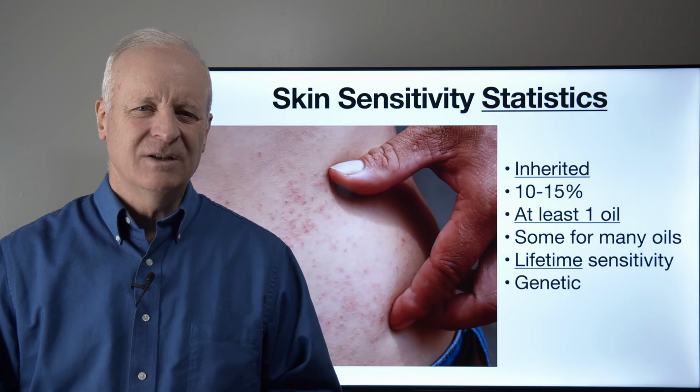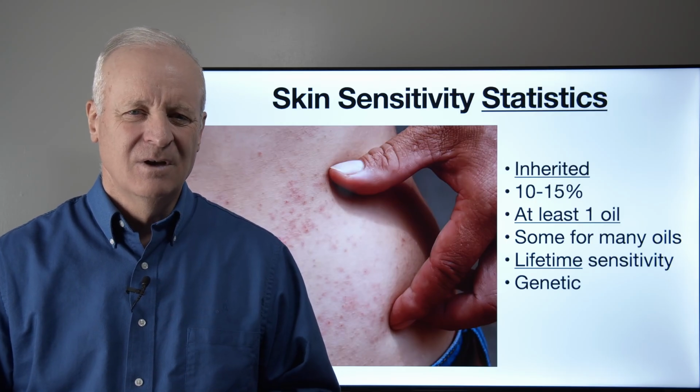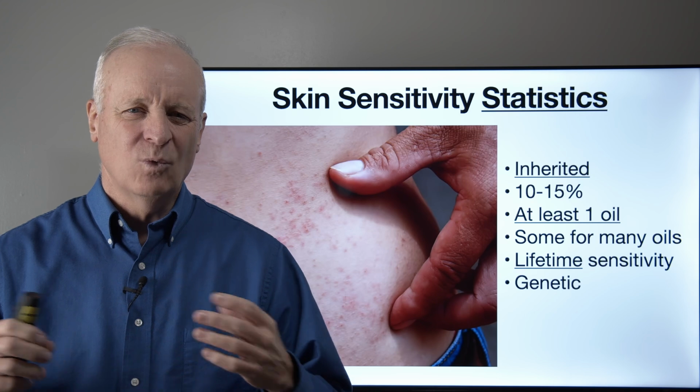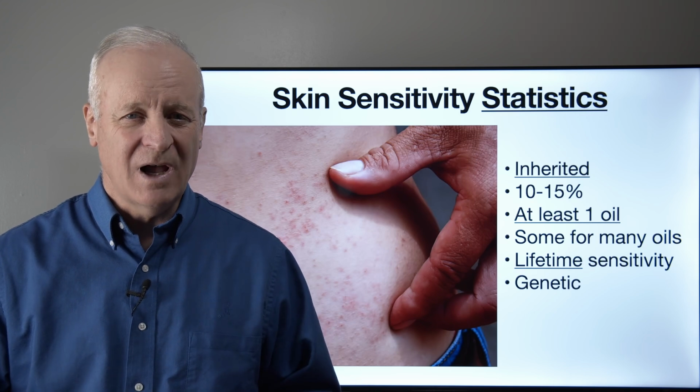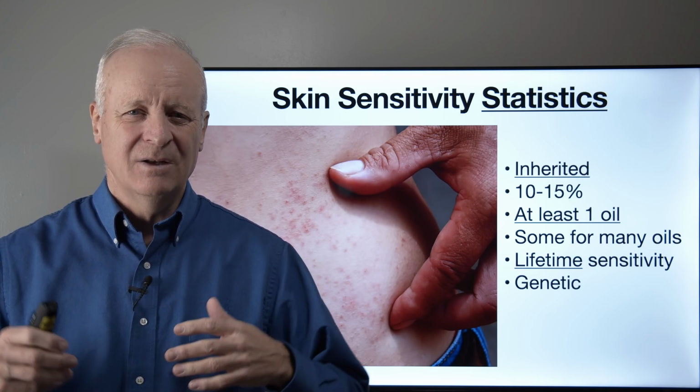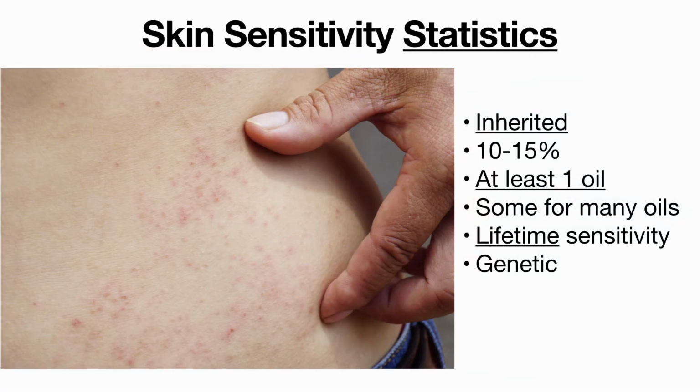Now, skin sensitivity statistics are not well understood, but in general, I have found that in the population that uses essential oils, 10 to 15% have a sensitivity to more than just the hot oils. They could be oils like lavender or frankincense. For instance, I'm sensitive to frankincense on my skin. For me, that is a hot oil.